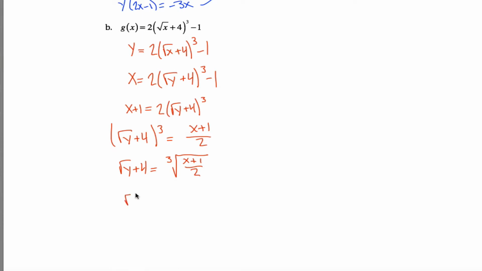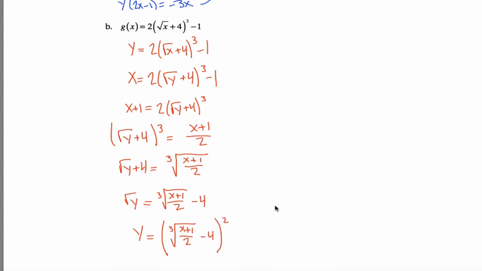Subtract 4 from both sides of the equation. And finally, square both sides of the equation. You get y equals the cubed root of x plus 1 over 2 minus 4, that whole thing squared.